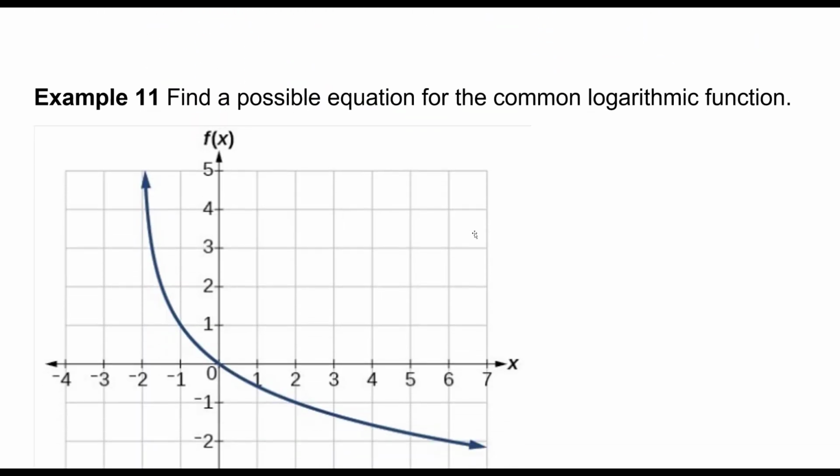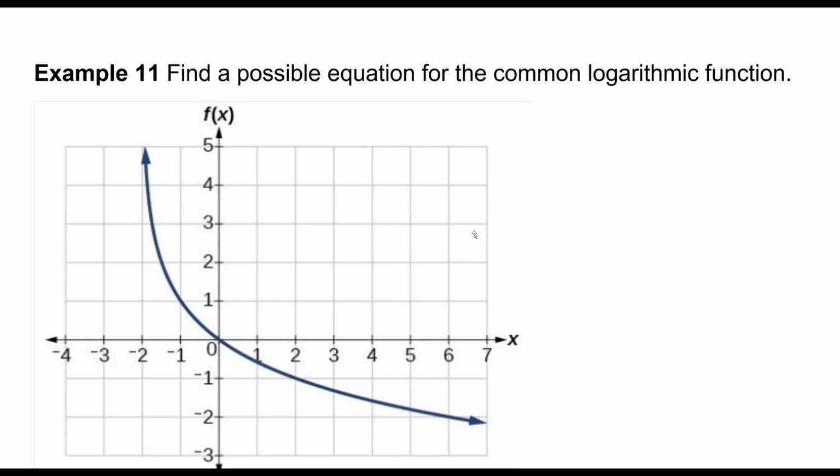The last little topic here is to find a possible equation for the common logarithmic function. So this is the graph, and we're going to try to find the equation for it. Being common log, they're telling us it's log base 10. So our formula is going to be of the form f of x equals, we see how it's shaped, normally coming from below like that.